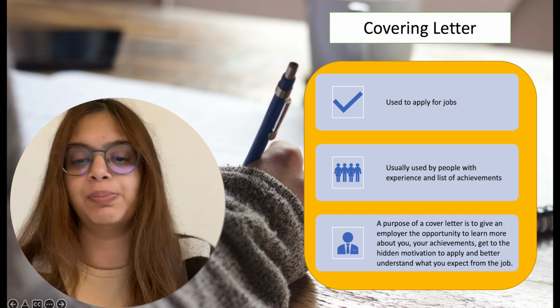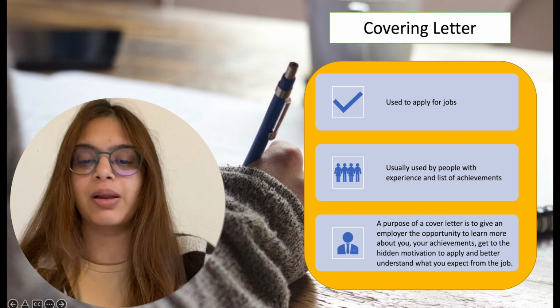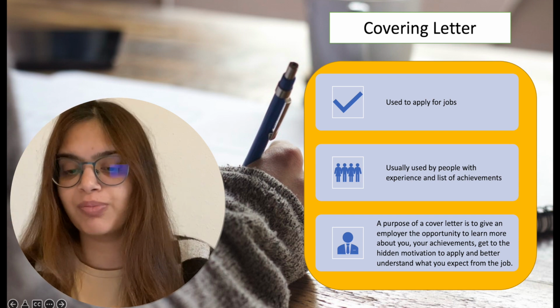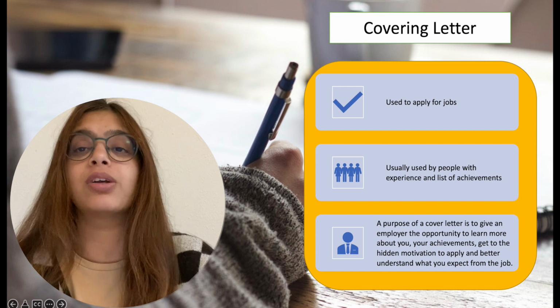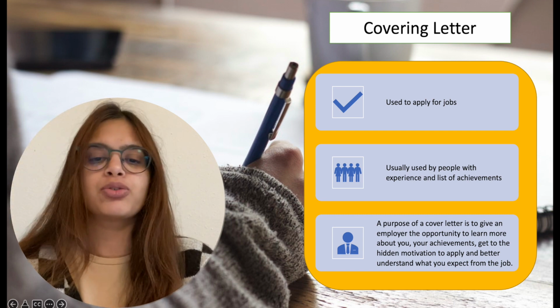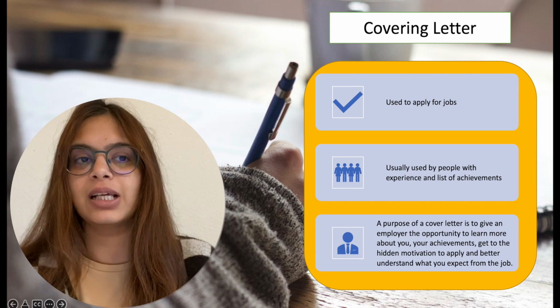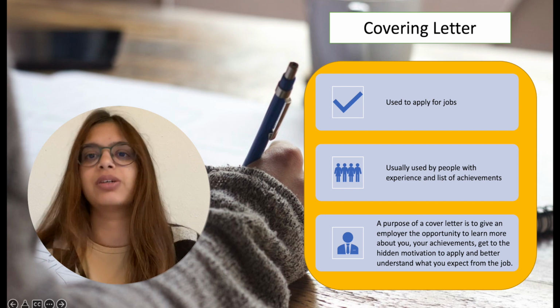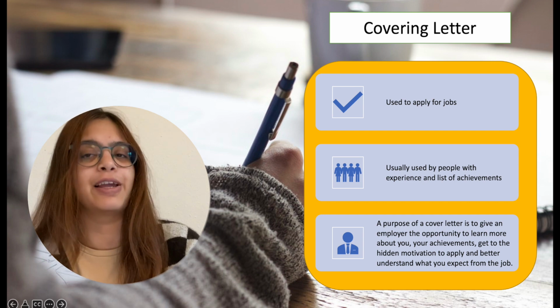The purpose of a covering letter is to give the employer an opportunity to learn about your achievements, your hidden motivation, and what makes you a perfect candidate for the job that you are applying for. So it's more like covering the things which are not covered in a resume, and this is used especially when you are applying for jobs.